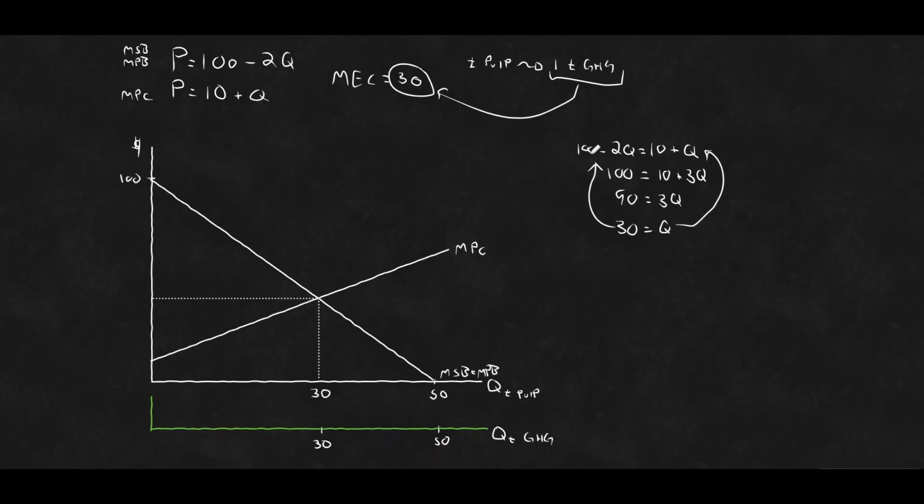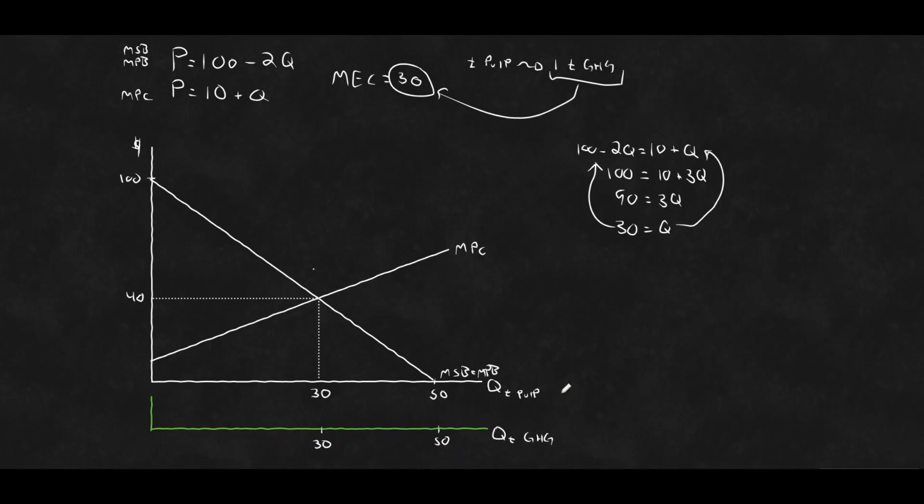Shouldn't matter which one, and get the same price. So 100 minus 2 times Q, 100 minus 2 times 30. 100 minus 60 is 40. There we go. Alternatively, what do we have? 10 plus Q, so 10 plus 30 is also 40. There we go. We get our competitive equilibrium.